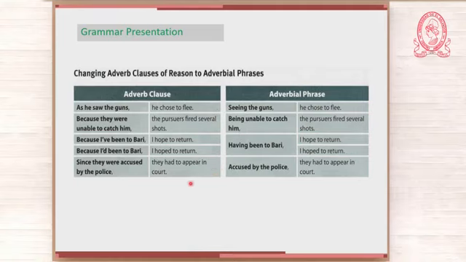Yes, you were right. What kind of structure do we have here? We have passive voice, okay? They were accused, and the agent or the doer, by the police. So when you have a passive voice, then you don't change it to the ing, you just keep the past participle. Okay?